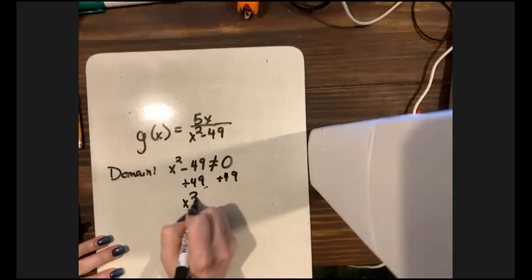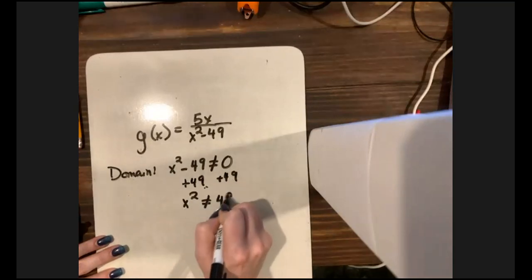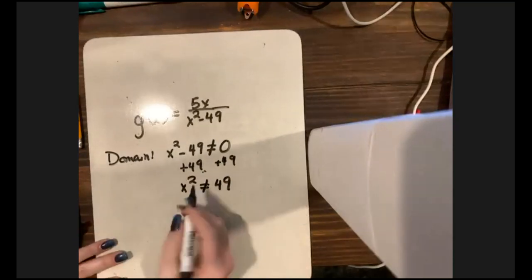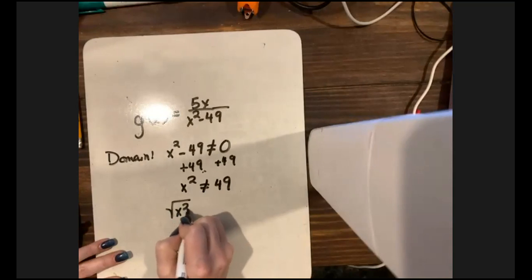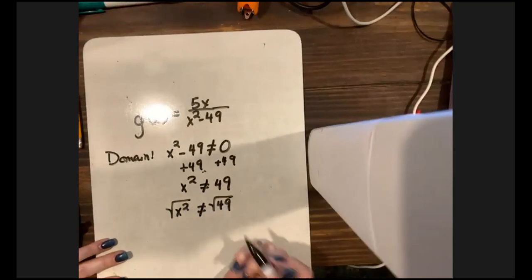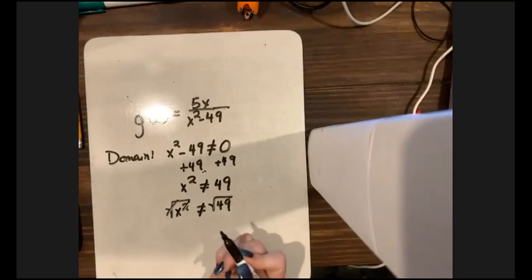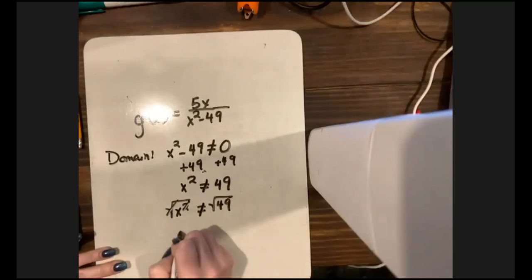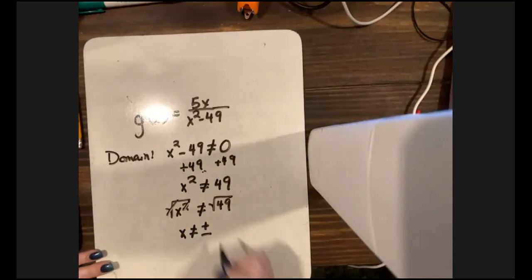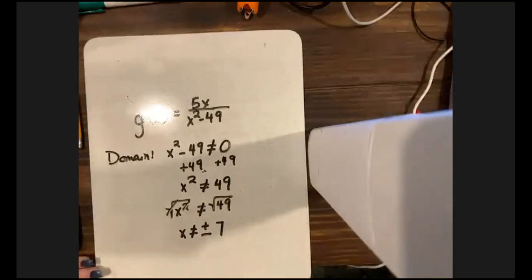So we've got x squared cannot equal 49. And then kind of same game that we've done before. We're going to take the square root on both sides so we can get rid of the squared. Now, we brought in the square root, so we've got to bring in a plus and a minus with this. Square root of 49 is just nice, pretty 7.